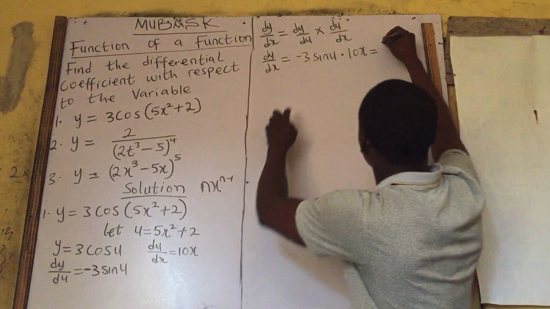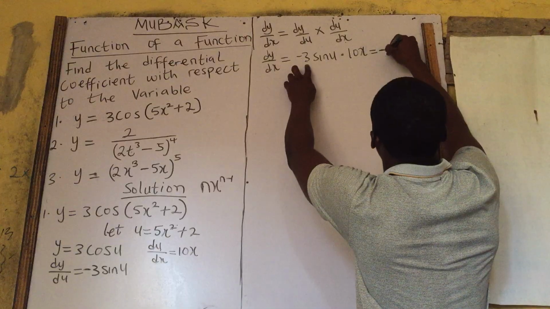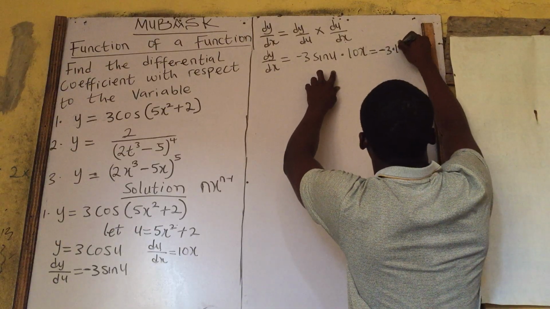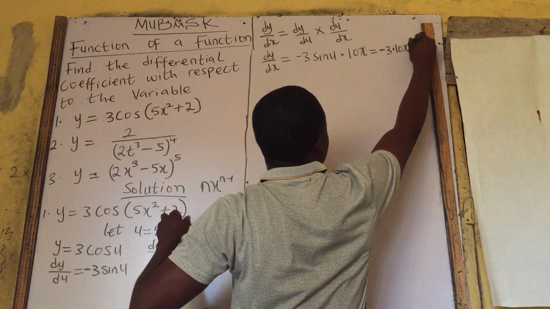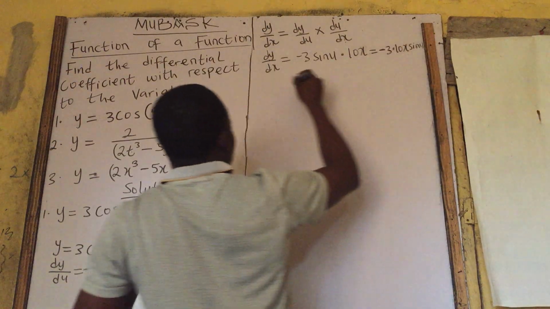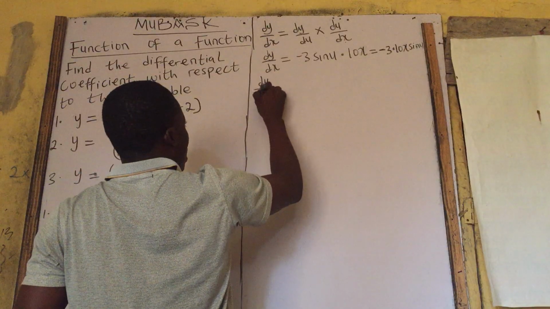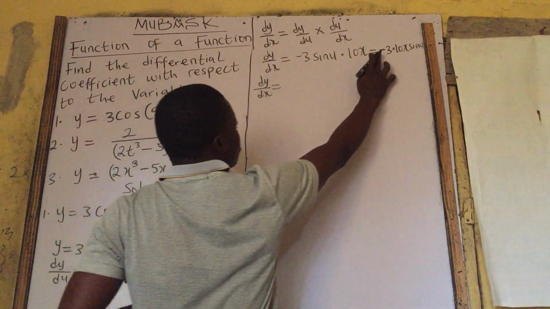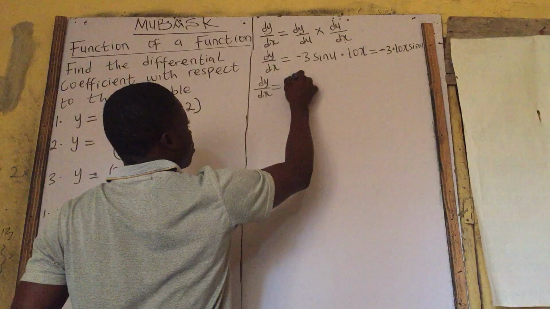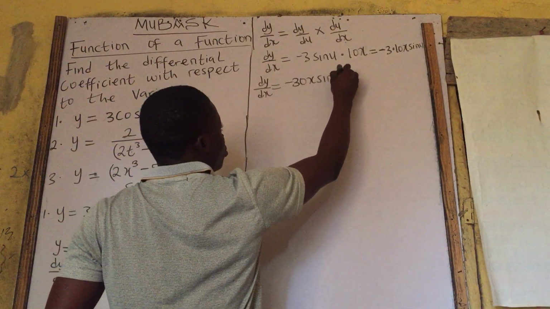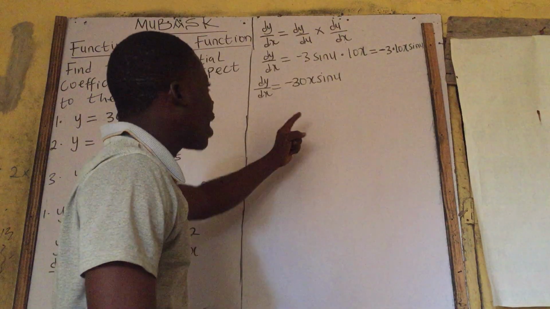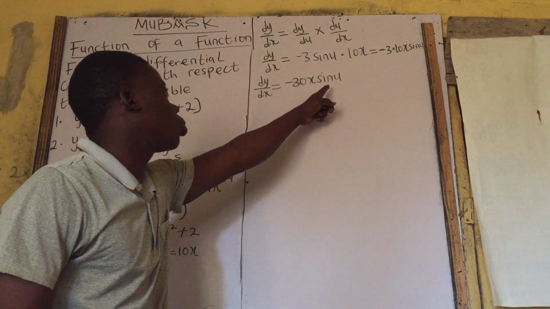This equals minus 3 multiplied by 10x sin u. Now dy over dx equals what? Minus 3 times 10x is minus 30x sin u. But don't forget, we let our function be equal to u.